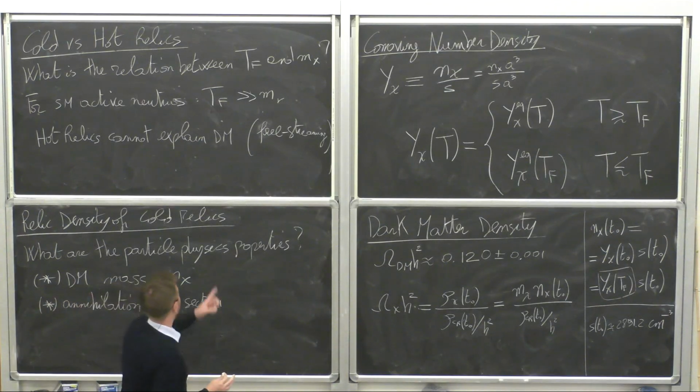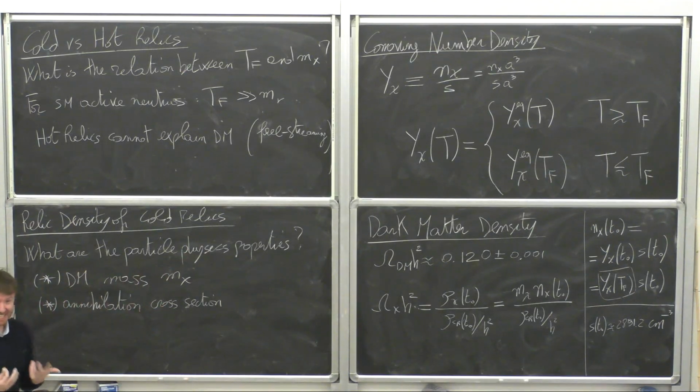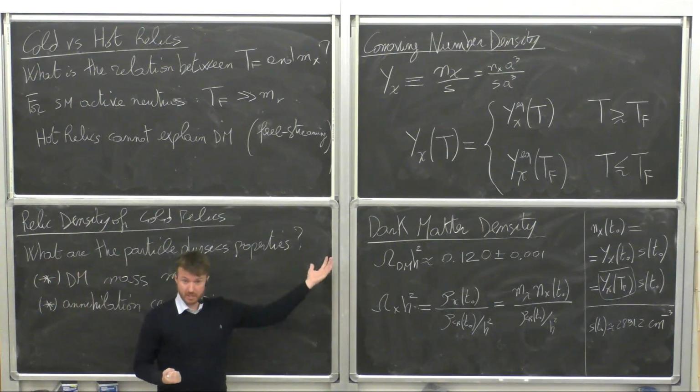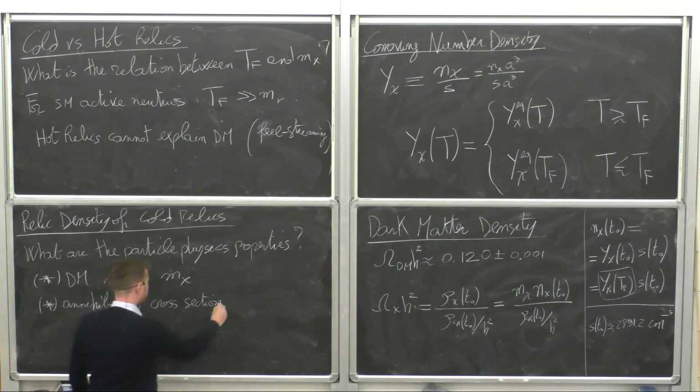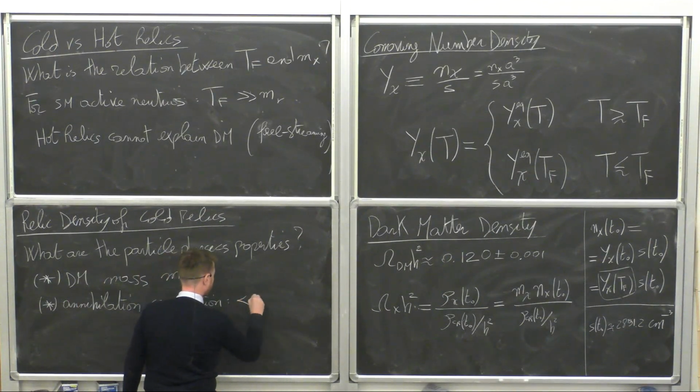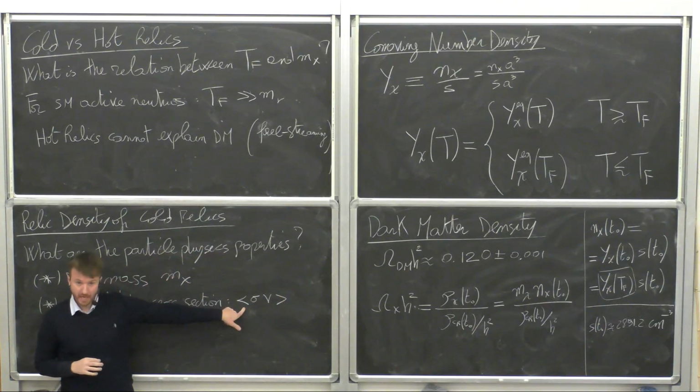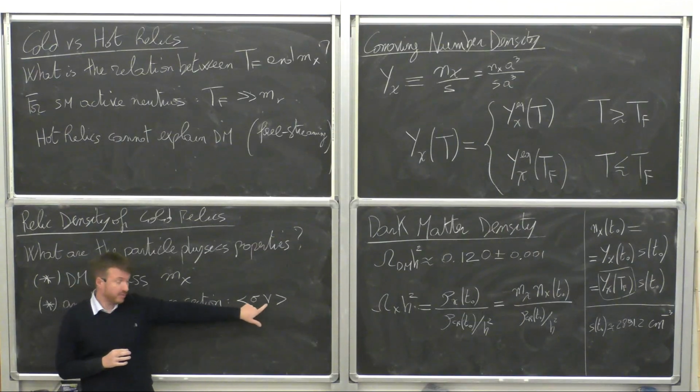To discuss thermalization, we don't care about cross-sections, we care about rates, and the rate is the number density times sigma times the relative velocity. It depends also on the relative velocity, because we want to investigate the decoupling. So the quantity that matters here is the thermal average of sigma v.